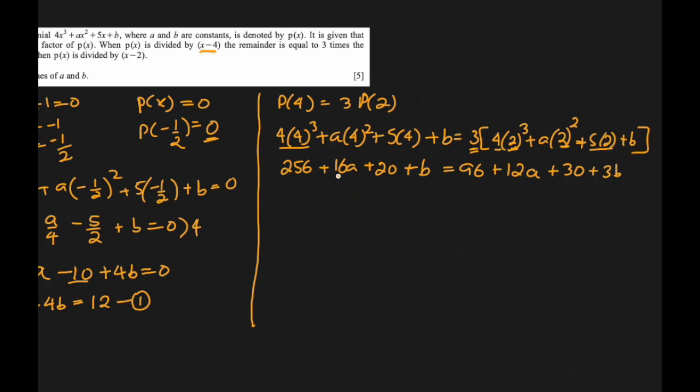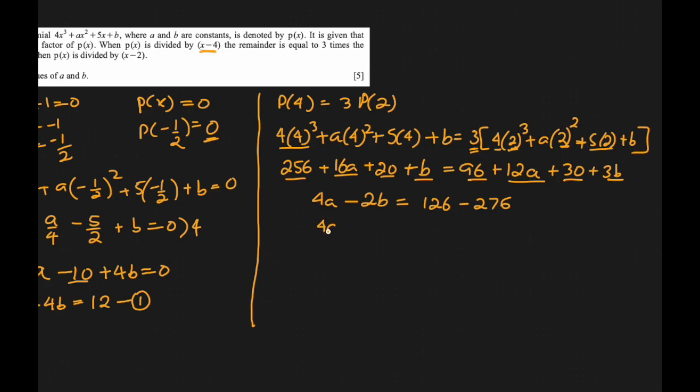Okay, let's simplify this. 16a is here, 12a is here, so 16a minus 12a is 4a. Then we have b here and 3b here, which comes to the left side and becomes minus 3b. So b minus 3b will be minus 2b equal to 96 plus 30 is 126, minus 256 plus 20 is 276, but negative if it comes to the right side.